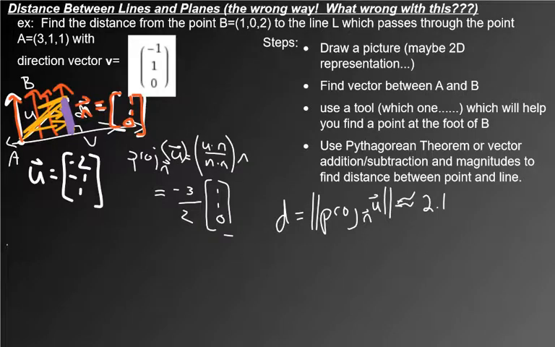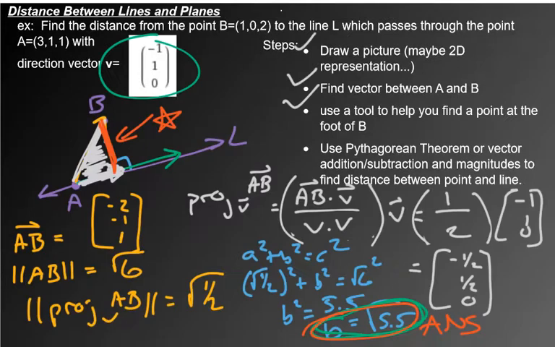So just like I'm doing here, U is now this AB, I renamed it U, and I'm doing my dot product of U and N, and then the dot product of N with N. All that seems good. This number, about 2.1, is not that number, which was supposed to be the square root of 5.5.